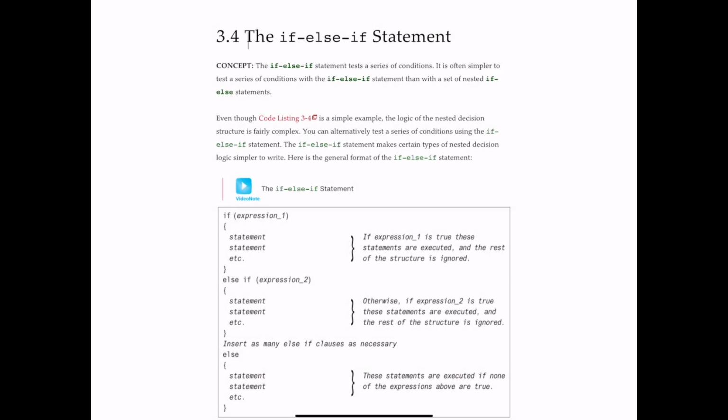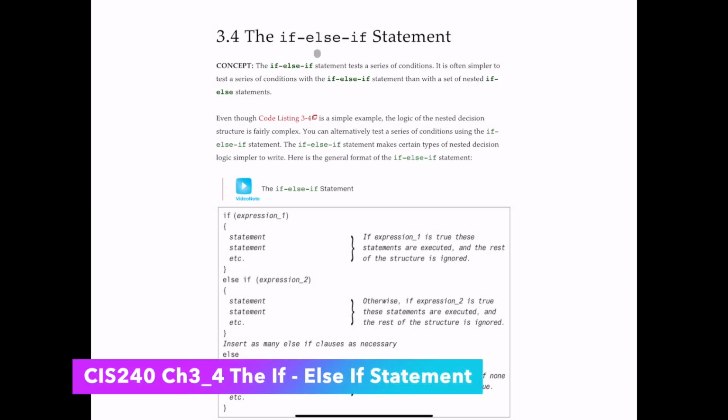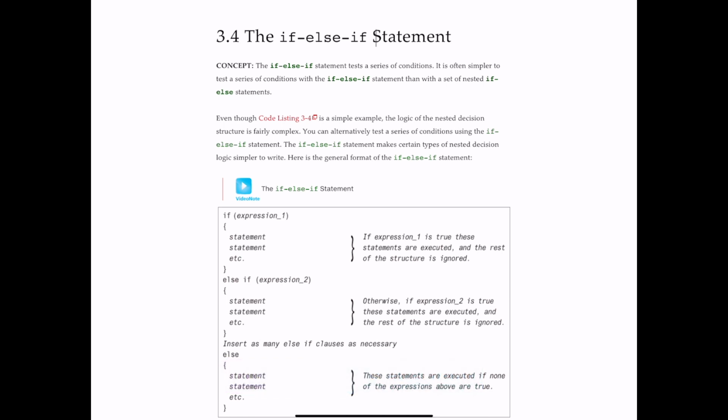So here in 3.4, we've got the if-else-if statement. What we're essentially saying is sometimes it's a little easier to have everything in one column down the left-hand side of your code than it is to have if, else, if, nesting that keeps going to the right, to the right, to the right inside of your code.